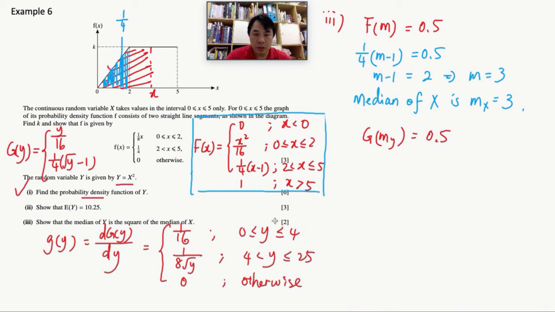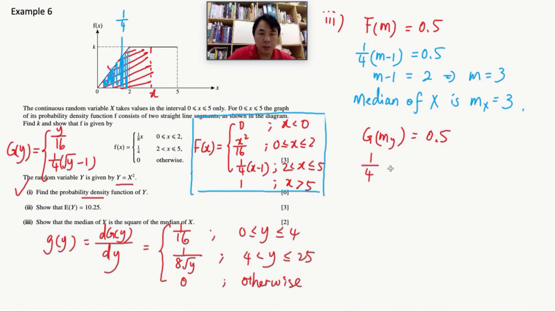If you look at this, the first region would still be a quarter. So that means it should cross over to the second domain. Knowing that it crosses over to the second domain, we're going to use this instead.